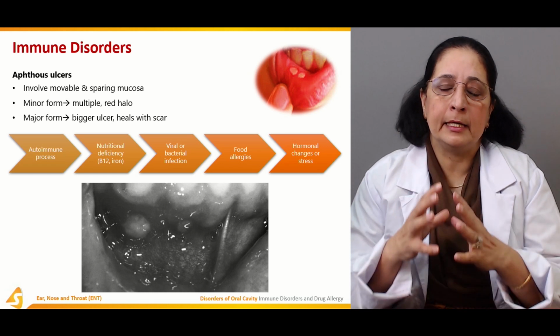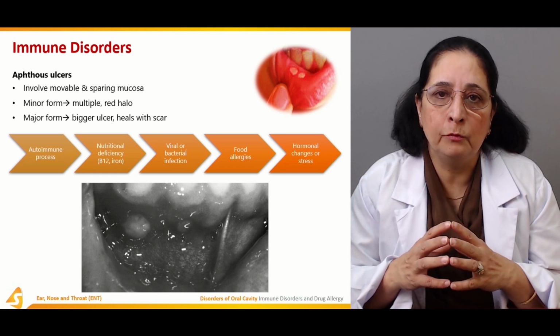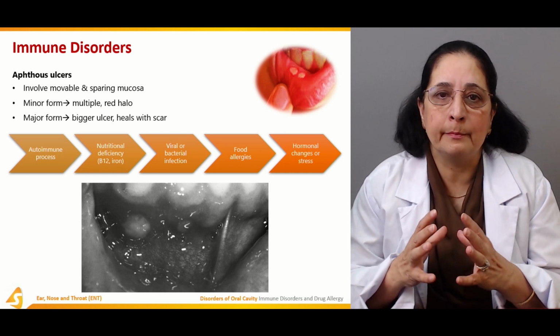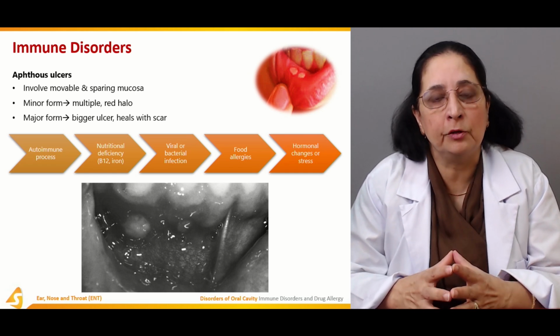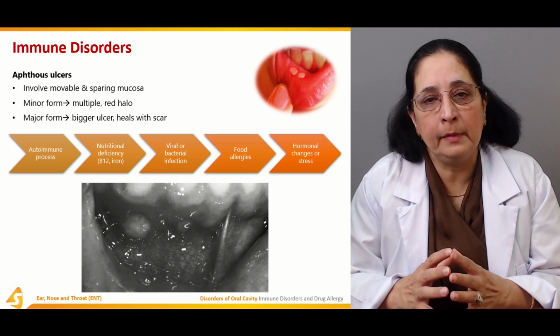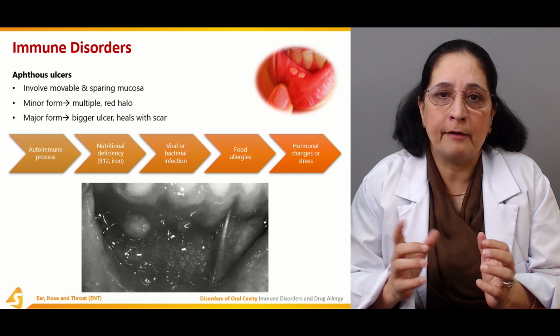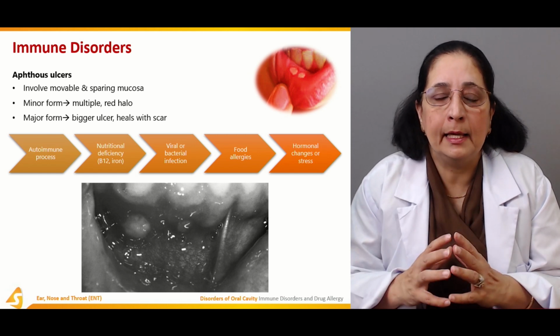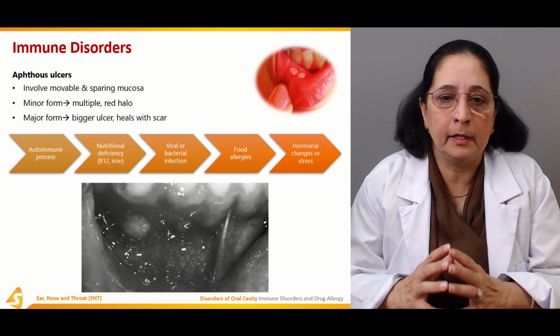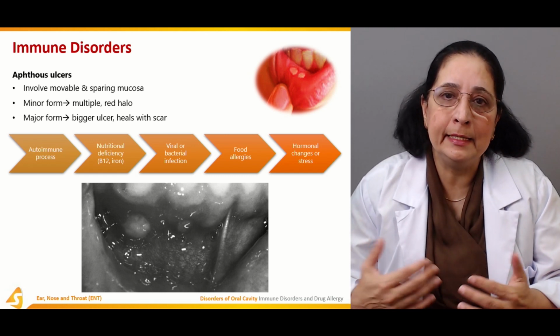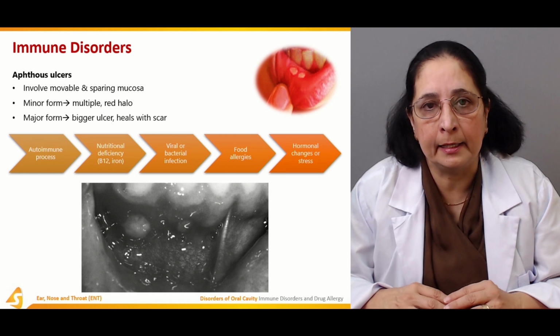So we said that it mainly involves the movable type of mucosa. We have two forms, minor and major. In the minor form, the ulcers are multiple and red hollow, and in the major form the ulcers are big, and when they heal, they leave a scar behind.